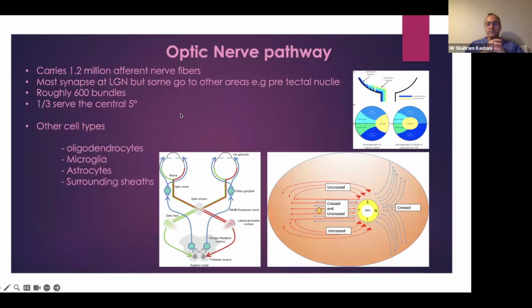Now, optic nerve pathways, as you know, optic nerves cross at the chiasm, and the nasal fibers cross while the temporal ones continue. So any lesion in one optic nerve or the disc will give you a monocular visual field defect. If the lesion is at the chiasm, then you will have it in both eyes, often a bitemporal visual field defect.